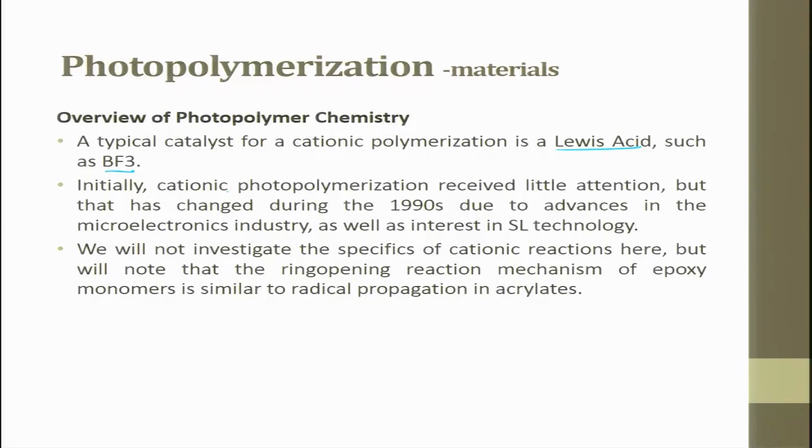Initially, cationic photopolymerization received little attention, but this changed during the 1990s due to advancement in the microelectronics industry and in SL. We will not investigate the specifics of the cationic reaction here, but will note that the ring opening reaction mechanism of epoxy is similar to the radical polymerization.